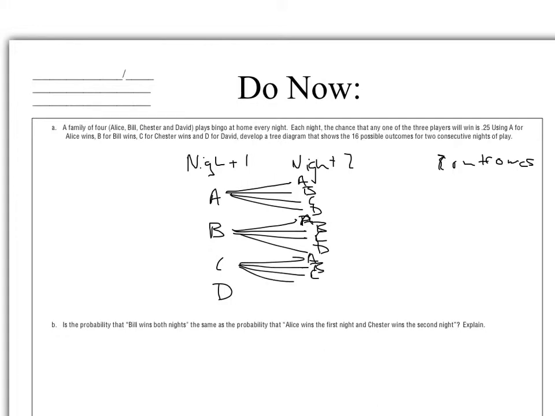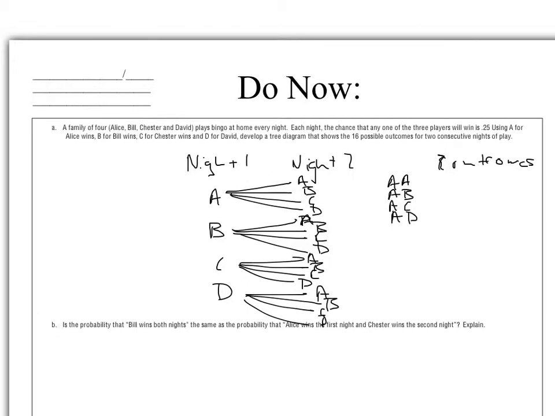And so when we make our list of outcomes, we just follow our tree diagram. Our first branch goes from A to A. So that first outcome is AA, and then AB, then AC, AD.